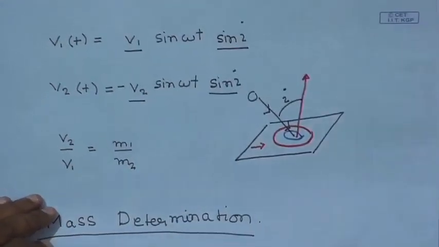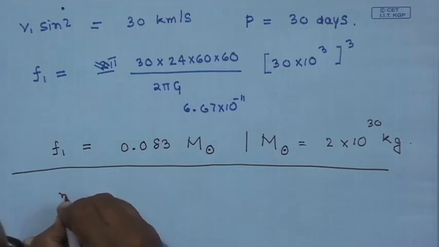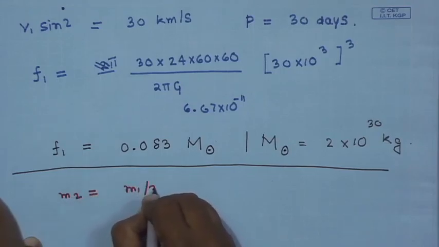So suppose we have observations of both the velocity curves and we find that the ratio turns out to be such that m2 is equal to m1 by 3.